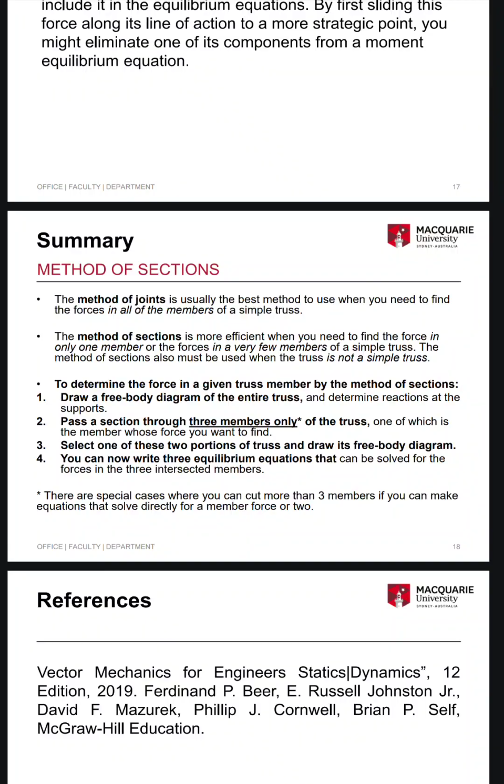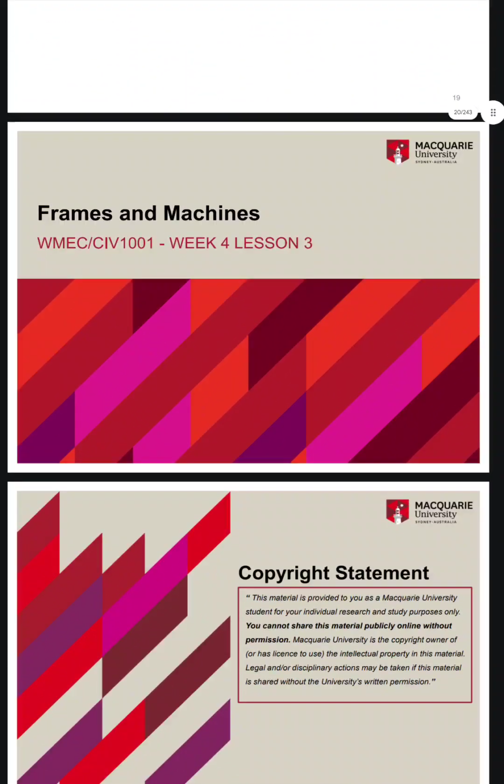Select one of these 2 portions of truss and draw its free body diagram. You can then write the 3 equilibrium equations that can be solved for the forces in the 3 intersected members. 3 members only. There are special cases where you can cut more than 3 members if you can make equations that solve directly for a member force or 2.